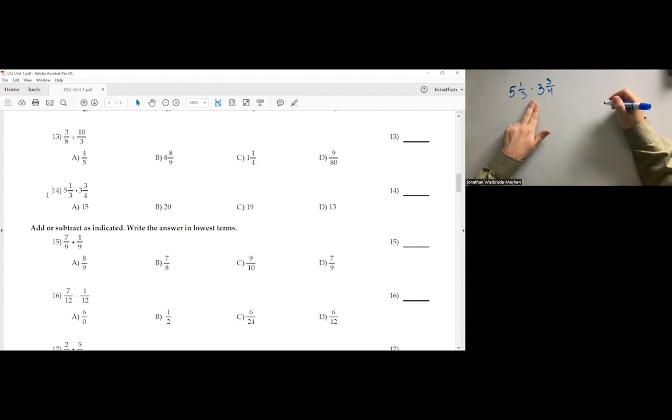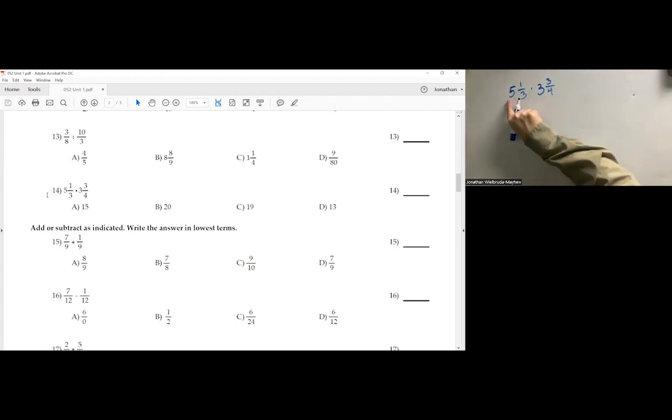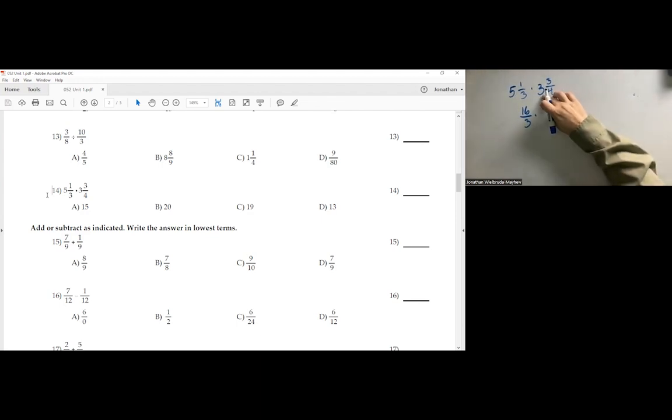Remember that when we're multiplying mixed numbers, we have to change them into improper fractions first. 3 times 5 is 15 plus 1 makes 16/3 times 4 times 3 is 12 plus 3 makes 15/4.